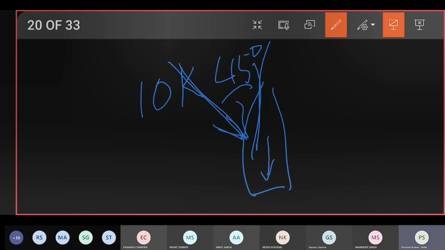Athwartship speed not readable. Third one, it does not show speed over ground. As a speed indicator, we need to have both the speeds, but this is limited to only speed through water. It cannot show speed over ground.